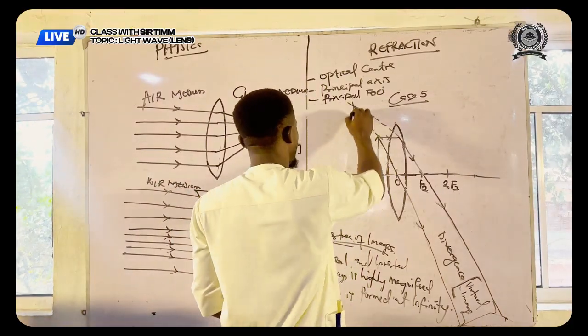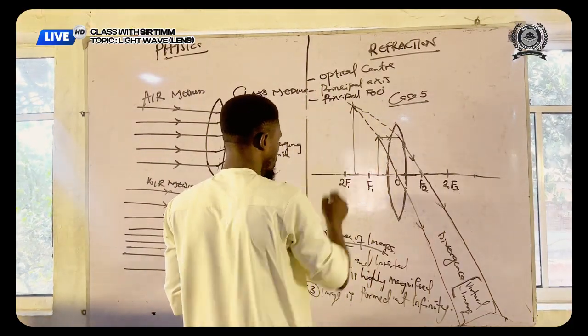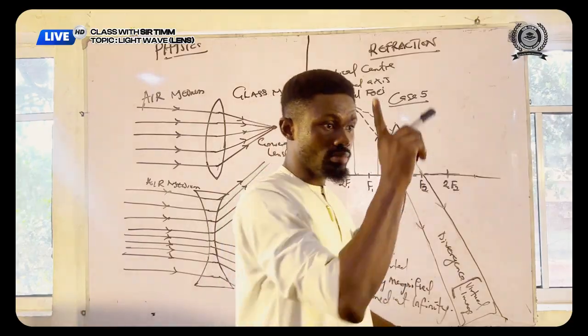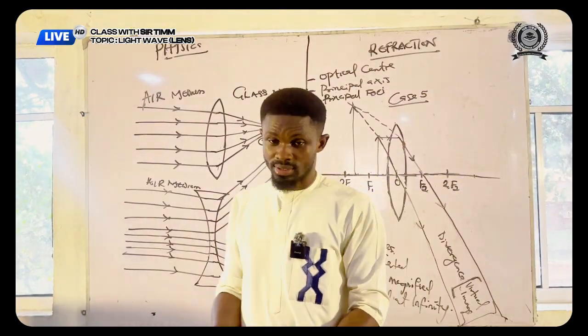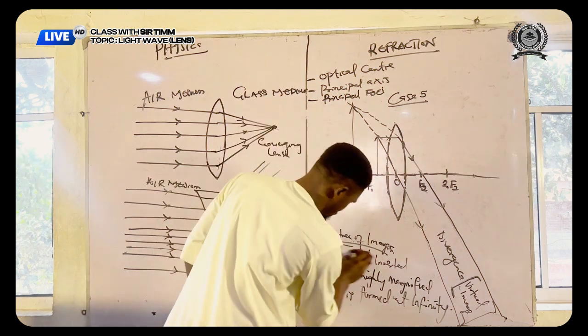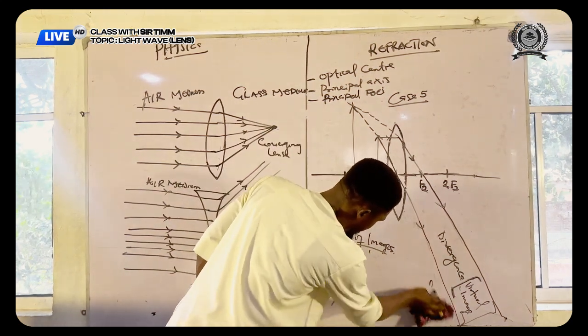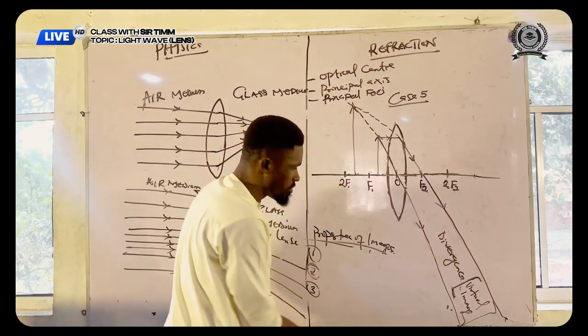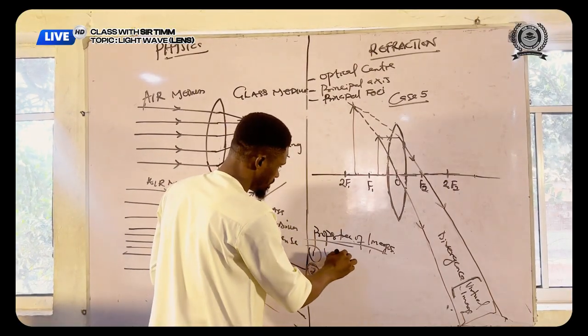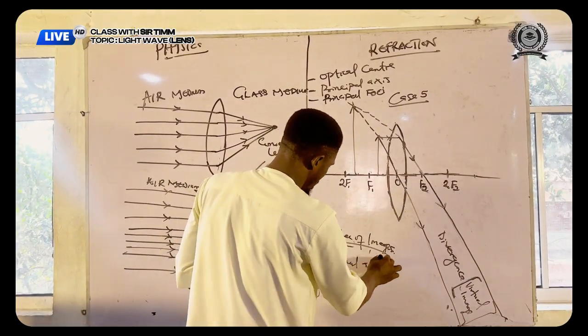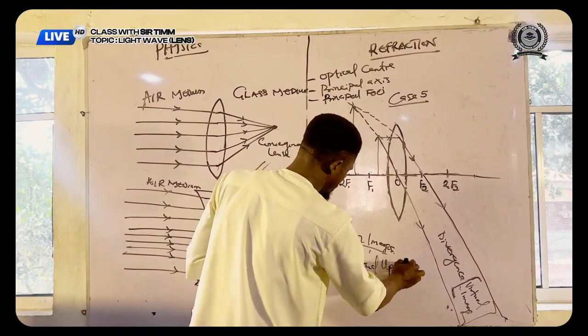So, image here is what? Virtual and what? Erect. Are you done drawing? Okay, so virtual and the upright or erect.